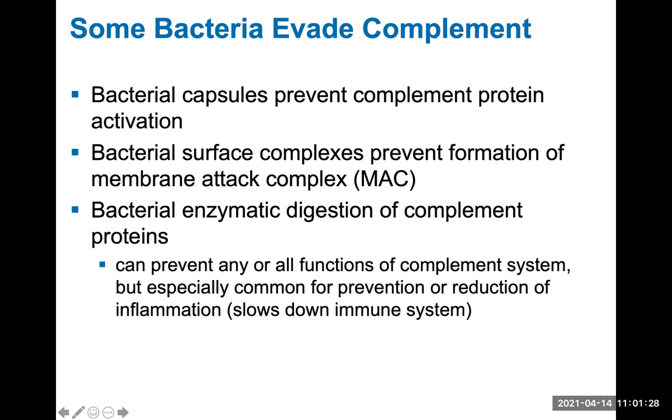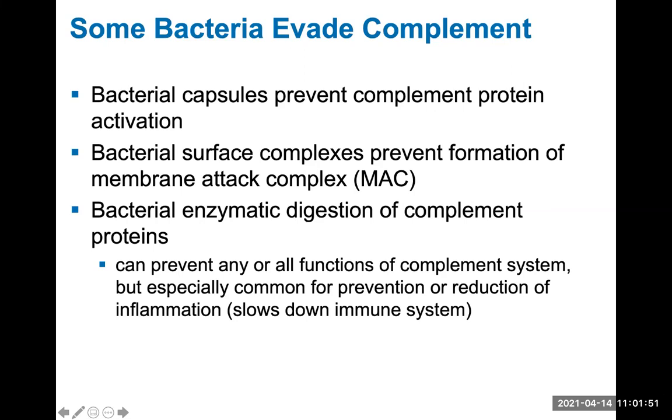So just like we saw with phagocytosis, there are some bacteria that have mechanisms to evade complement. And I'm not giving you any specific bacteria for this, but I will tell you in general that bacterial capsules can prevent the complement protein from being activated.